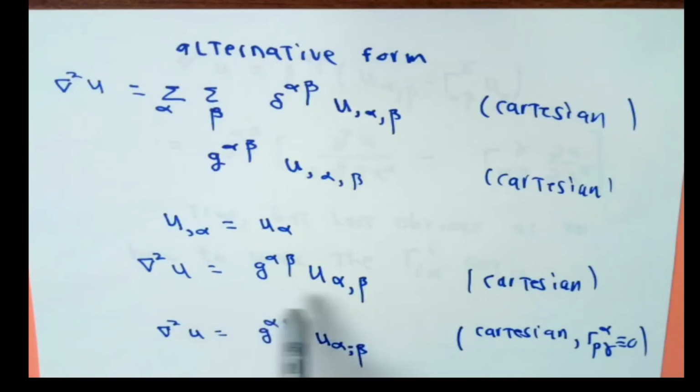If you were using Cartesian coordinates, all the Christoffel symbols would be 0, and alpha comma beta would be the same thing as alpha semicolon beta. Now, this equation is true in Cartesian coordinates, but also since only tensor quantities appear in it on the right-hand side, it's a tensor equation.